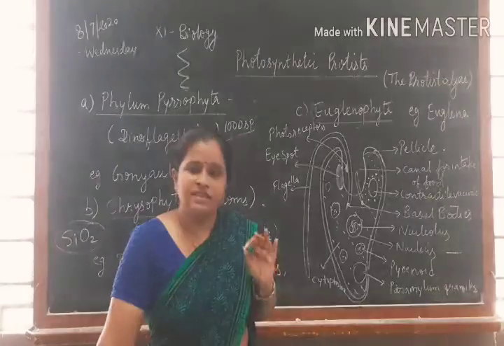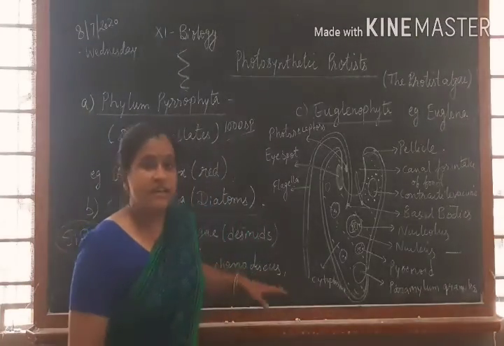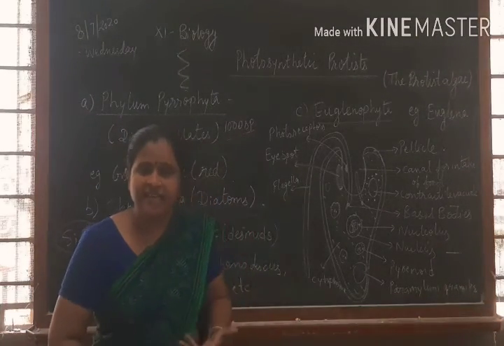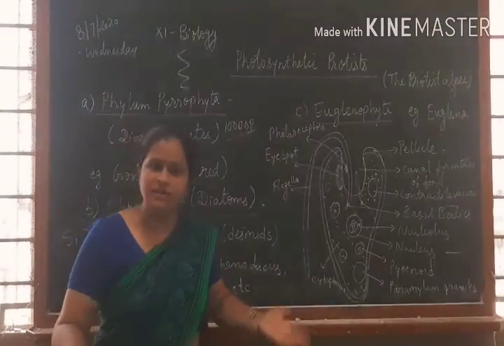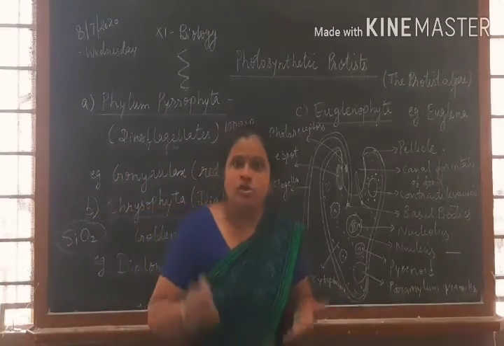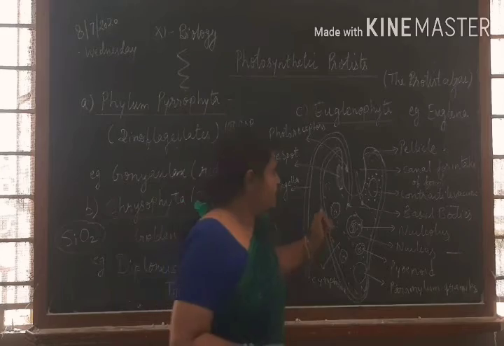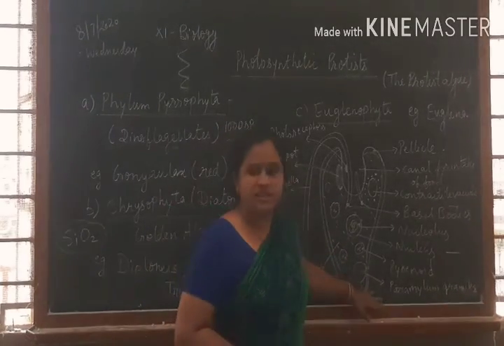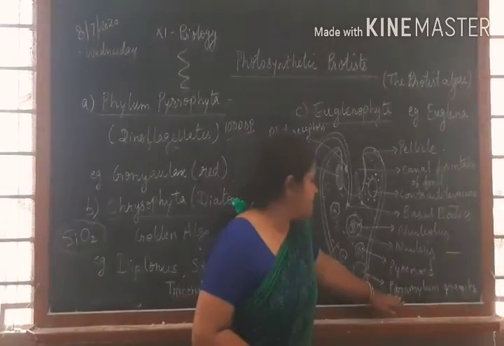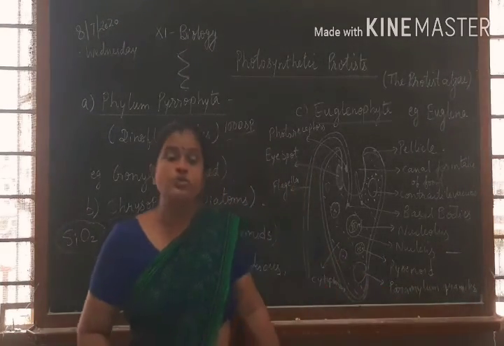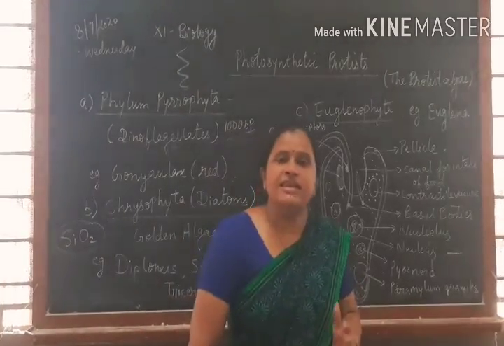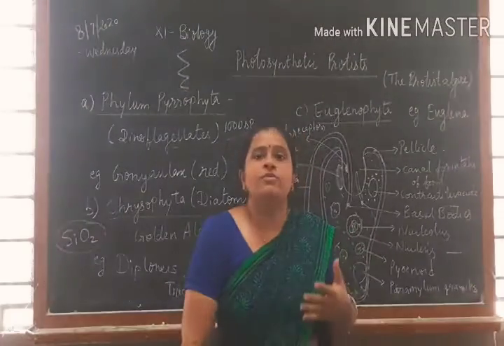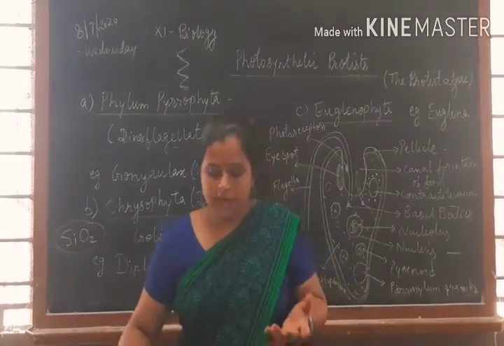They have another feature: they can store carbohydrate. Like us, we store carbohydrate in the form of glucose. Similarly, this organism stores its food carbohydrate as paramylum granules. And the last thing is that they perform the asexual mode of reproduction.